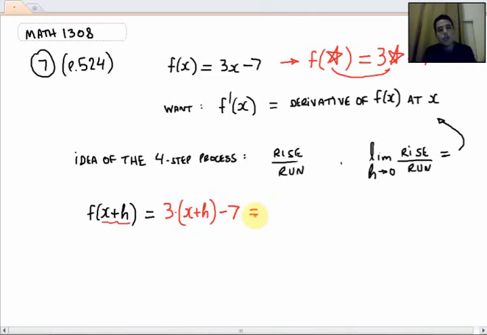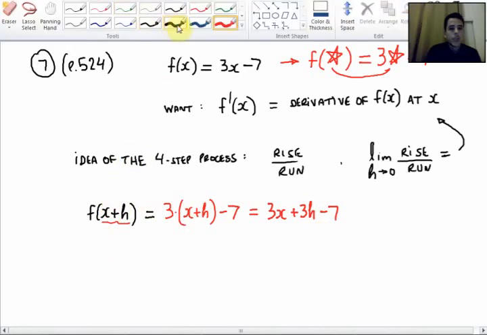So now we need to do some algebra here because we don't know what x is, we don't know what h is, okay? So let's expand this. This would be 3x plus 3h minus 7, okay? So that's step number 1.